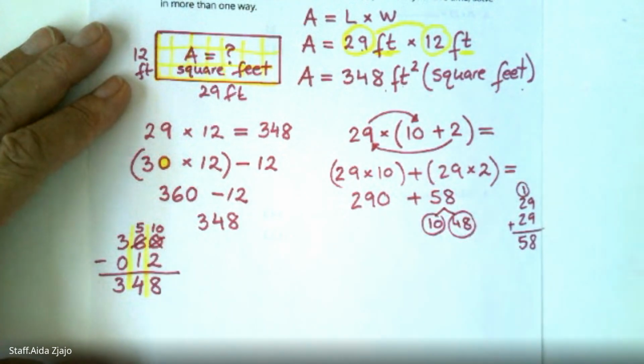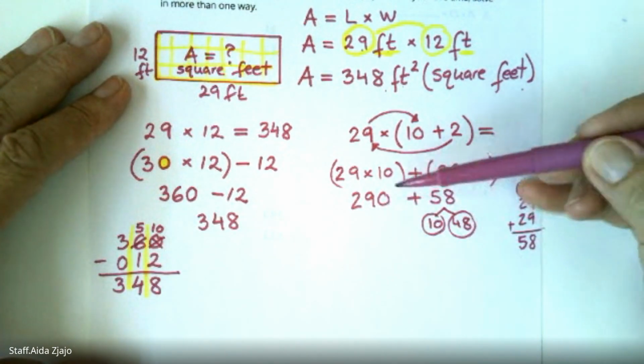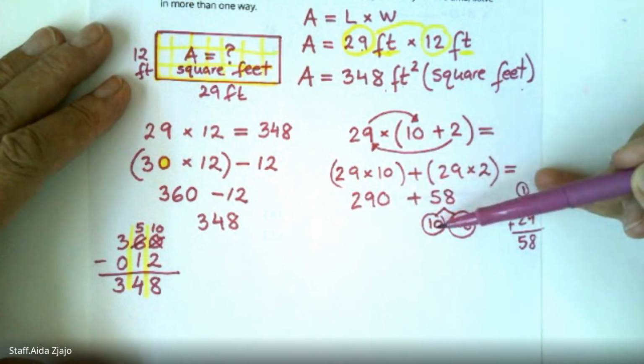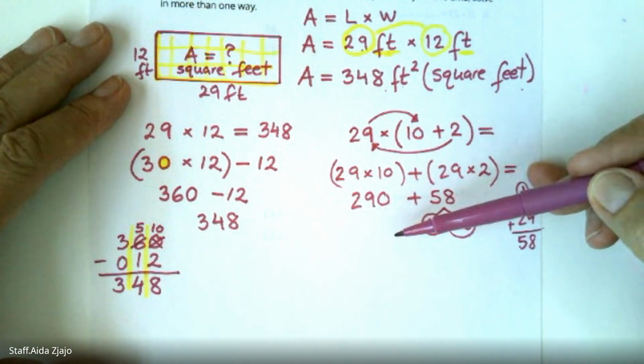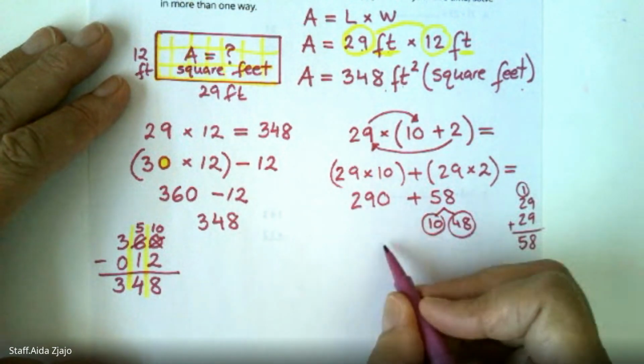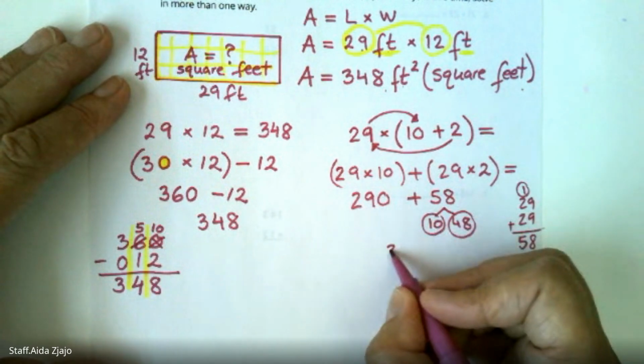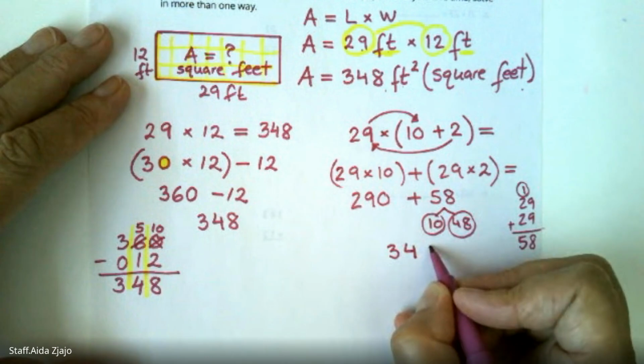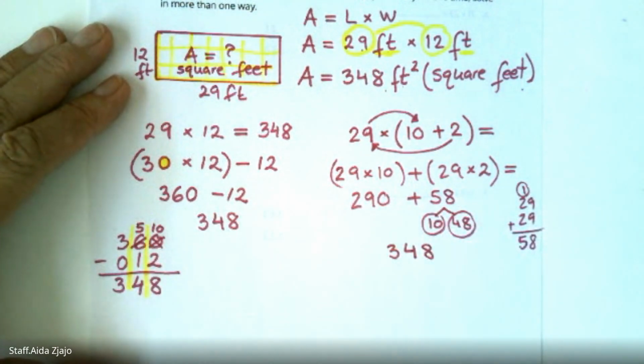You unbundled 58 because you needed 290 plus 10. That will make you 300. And then 48, that will together be 348. Sorry, not 45, 48. Sorry.